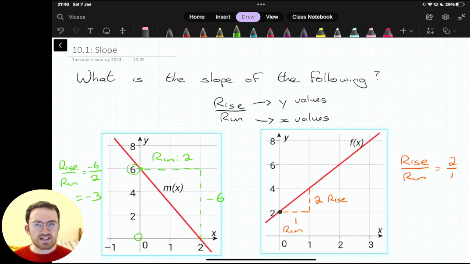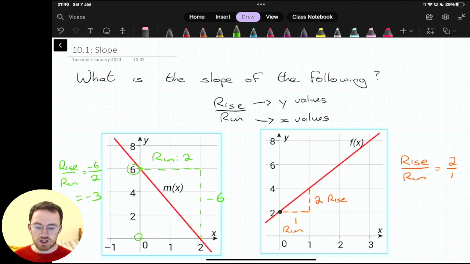And what this tells us about this line is how steep the line is in the first place, so the one on the right hand side there has a slope of 2, the one on the left hand side has a slope of -3.